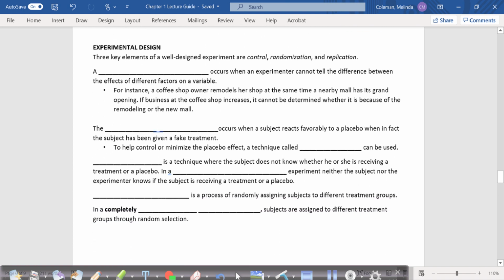So for an experimental design, then, the next section says there are 3 key elements of a well-designed experiment called control, randomization, and replication.